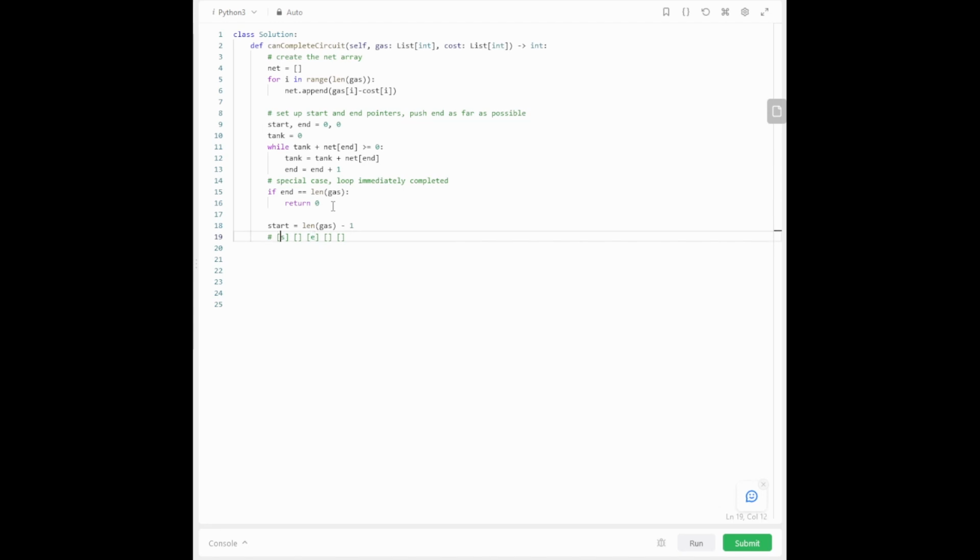Start wants to start moving backwards, so I set it over here, and then I start decreasing its index by 1 each time to move it backwards.